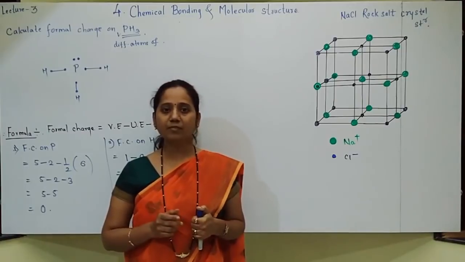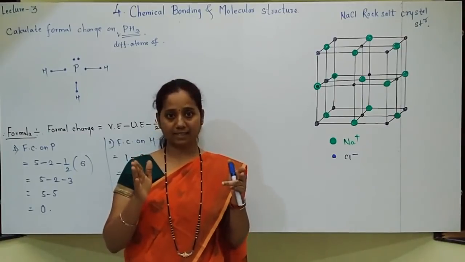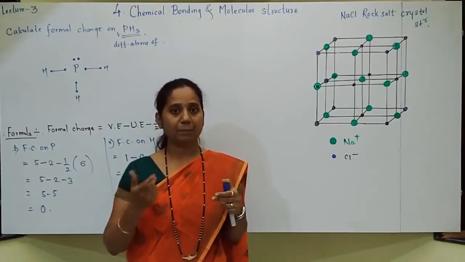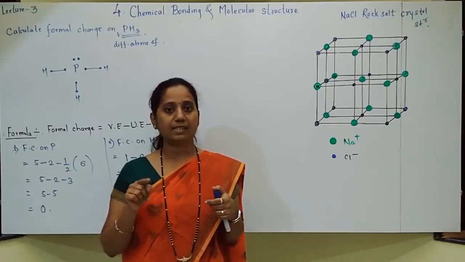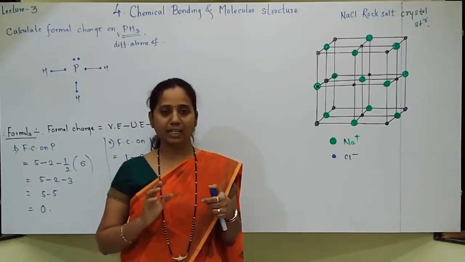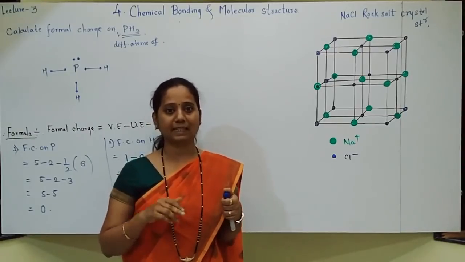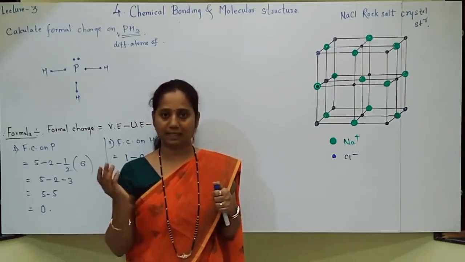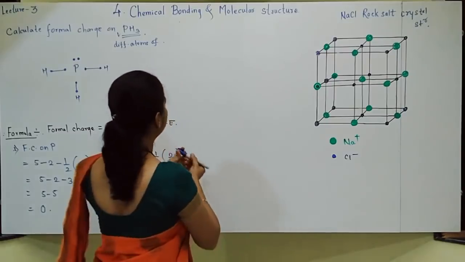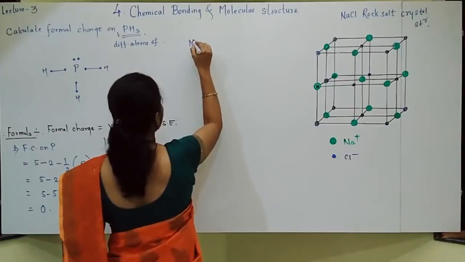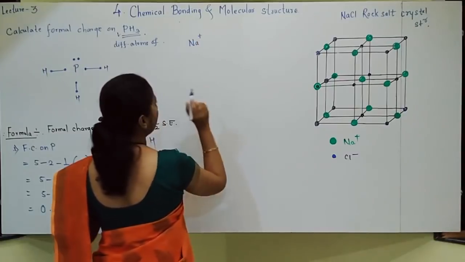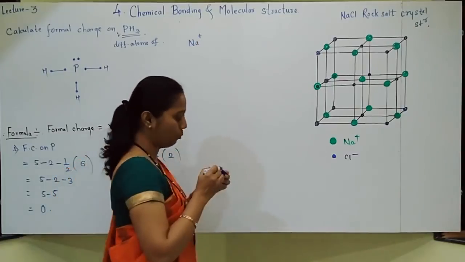Where are Na plus present and where are Cl minus present, and how many of each? Let us see one by one. First, where Na plus are present and how many in total.